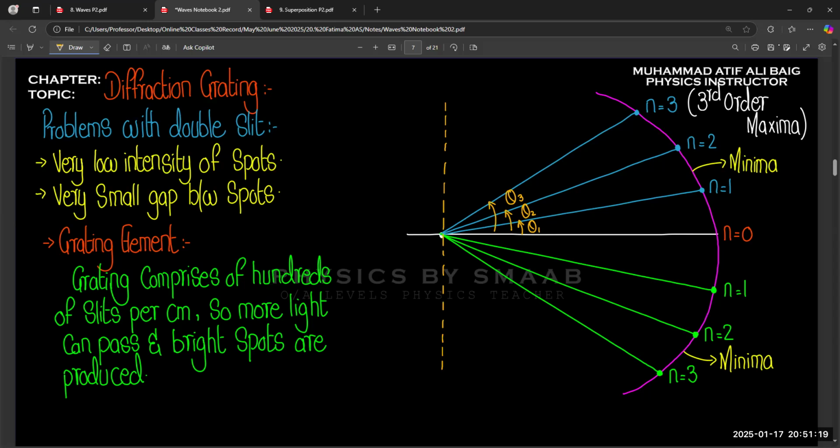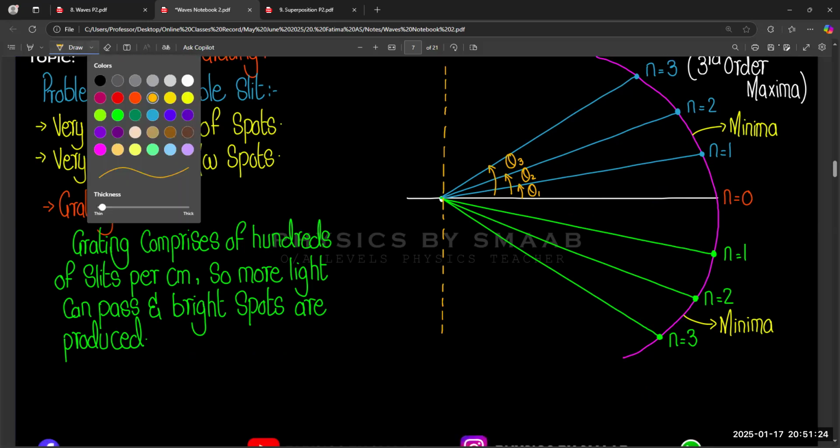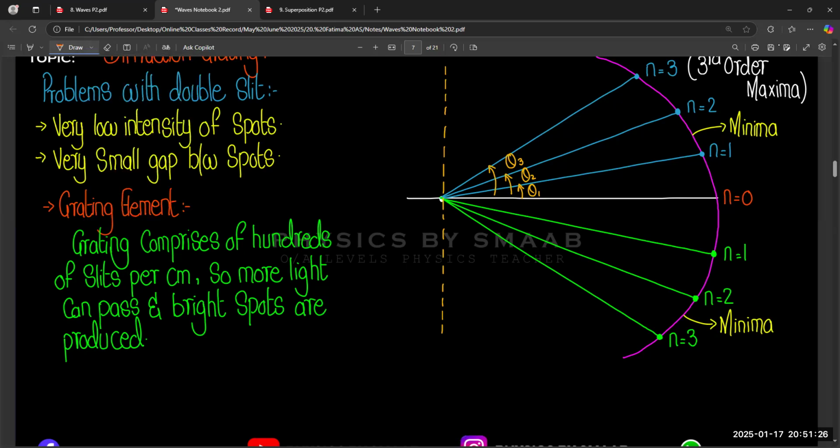And the formula for this diffraction grating is very simple. The formula is n lambda equals d sine theta. N represents the same order: first, second, third, fourth, fifth order. Lambda represents the wavelength, and d represents the slit separation.